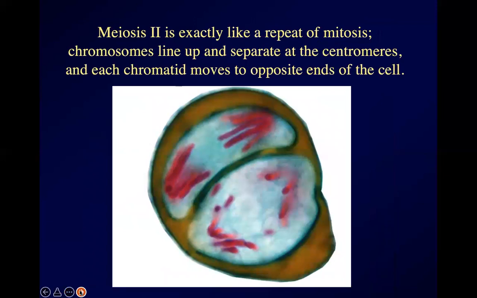And then meiosis 2 is exactly like a repeat of mitosis. The chromosomes appear again, they line up in the middle, they separate at the centromeres, and each chromatid moves to opposite ends of the cell. So this looks like anaphase 2 as the chromatids are moving to opposite ends of the cell.